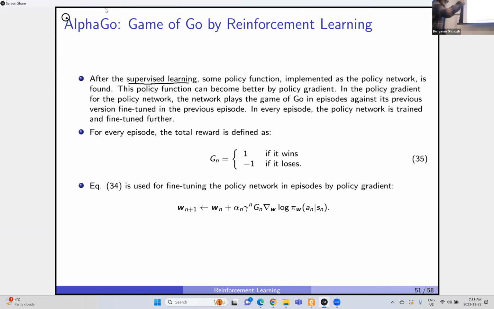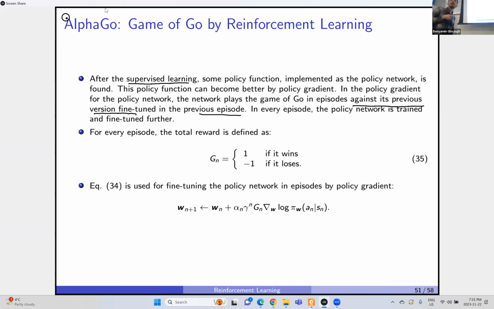So they do it iteratively. The network is getting better and better, hopefully. We hope that the network in this iteration wins against the network in the previous iteration, right? So it plays against itself in the previous version, or previous iteration, whatever we call it, previous episode, because they are playing. At every episode, you are playing the game once.